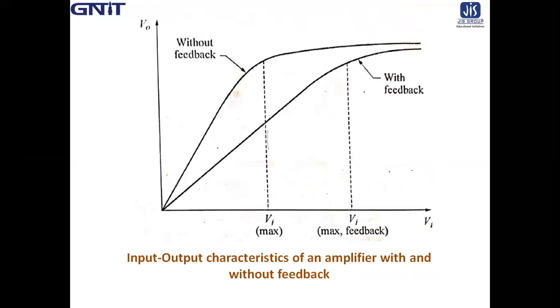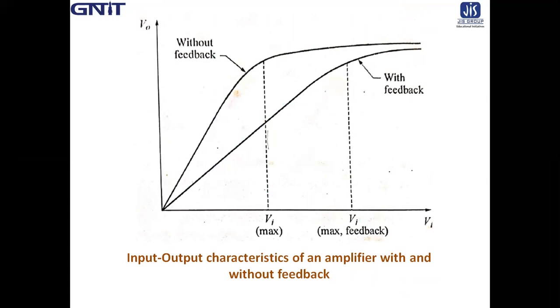This is the input output characteristics of an amplifier with and without feedback. So the first curve is without feedback, and the second curve is the with feedback input output characteristics.